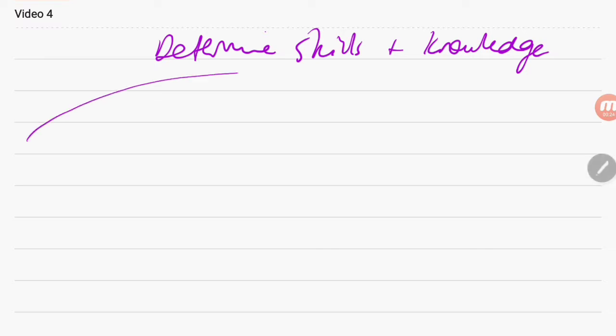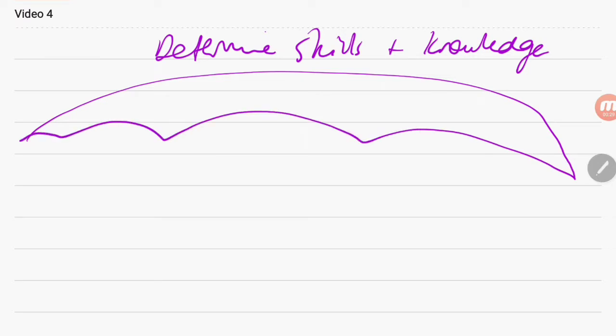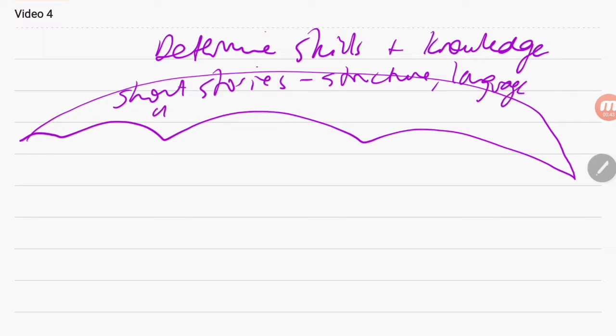So now we get down, we're drilling down deeper. So if you think of a massive umbrella, and in here, it's understanding short stories in terms of structure, language, audience, and positioning.